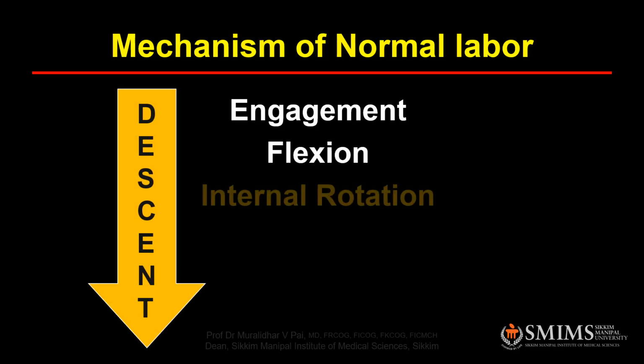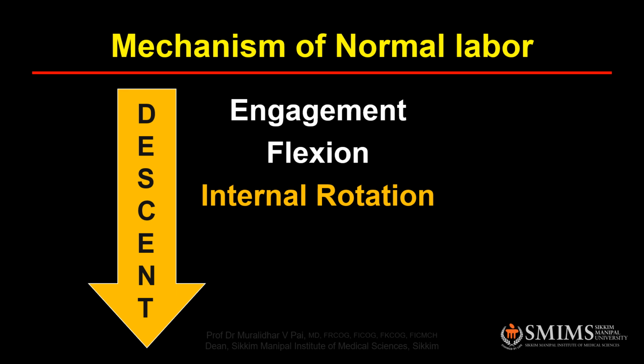Engagement, descent, flexion, and the next step is internal rotation. Why should internal rotation occur? As we learned earlier, at the outlet, the anteroposterior diameter is more than the transverse diameter. If the head is in a diagonal conjugate, it cannot deliver.